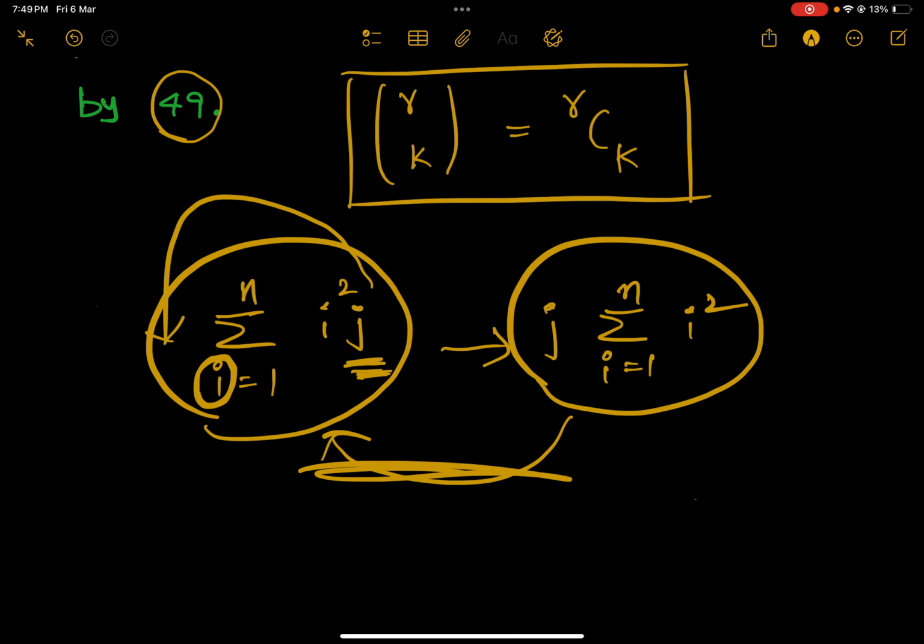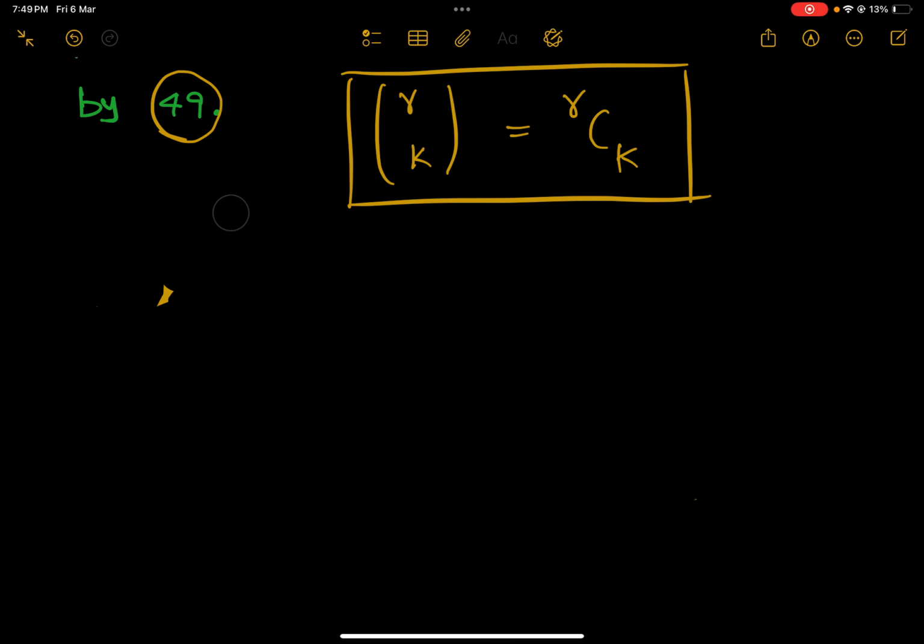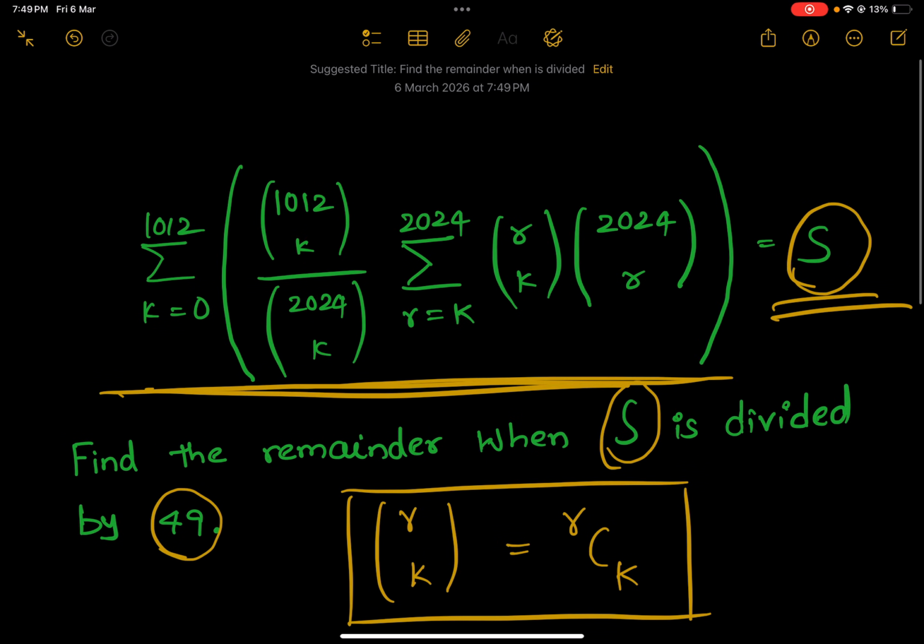So these operations are possible. We are going to use this fact to solve this question. If you carefully observe, this summation is with respect to r, and this denominator is independent of r. So you can send this inside the summation.